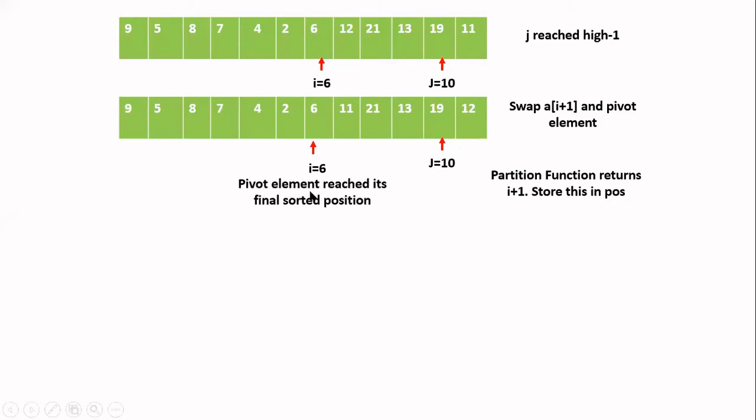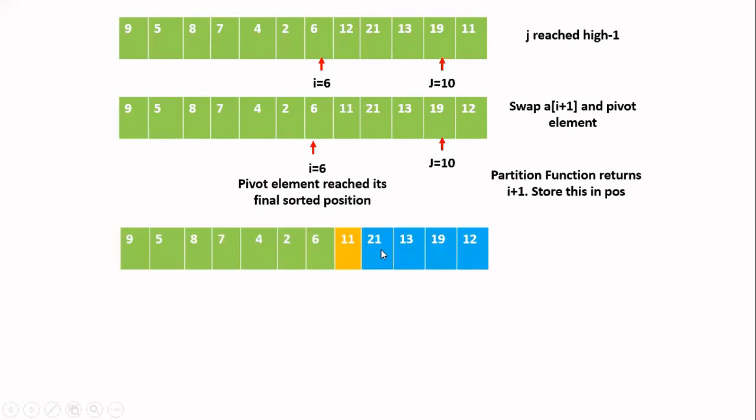Now the pivot element has reached its final position, because we have performed the swapping operation. You can see here the yellow color is nothing but the final position of the pivot element. Now if you see the new array, once the pivot element has reached its final position, all the elements to the right of the pivot element, as shown by the blue color, are greater than the pivot element.